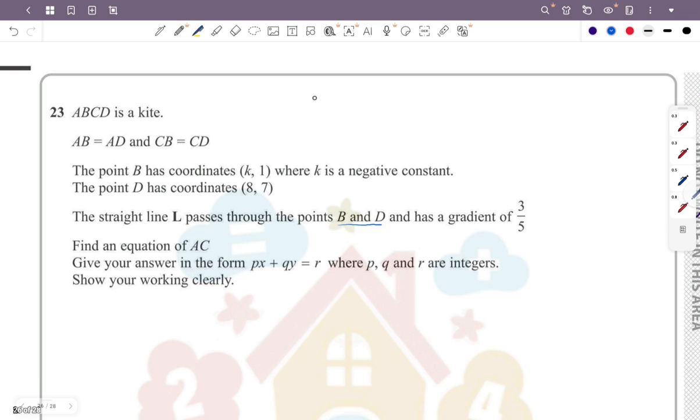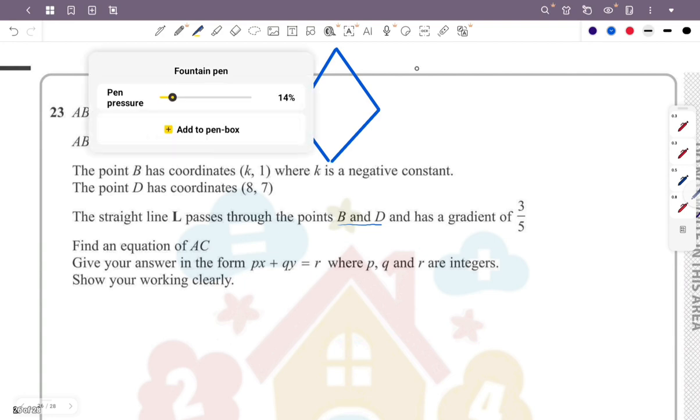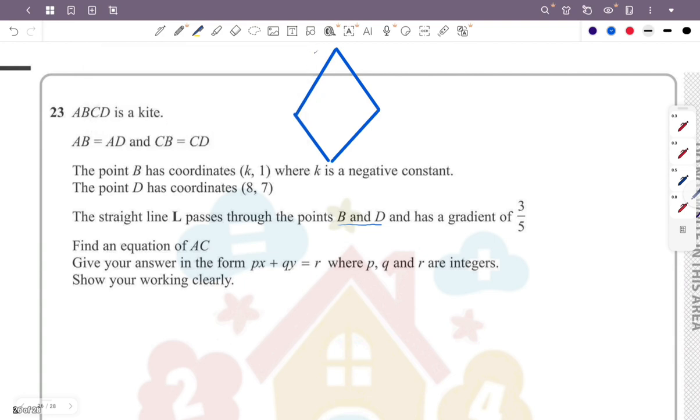Okay, so can I draw the kite? AB equals AD, like this, and CD equals BC.